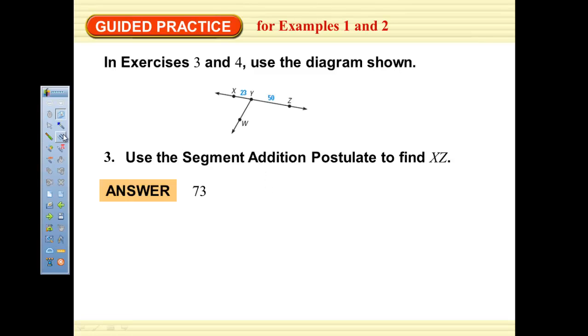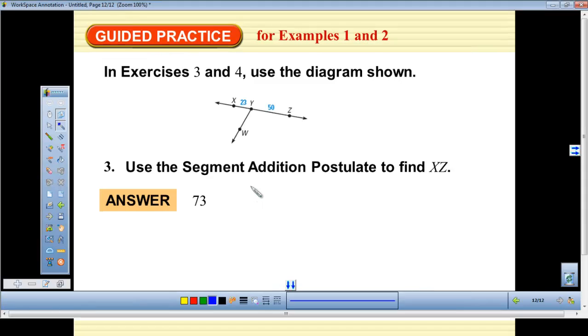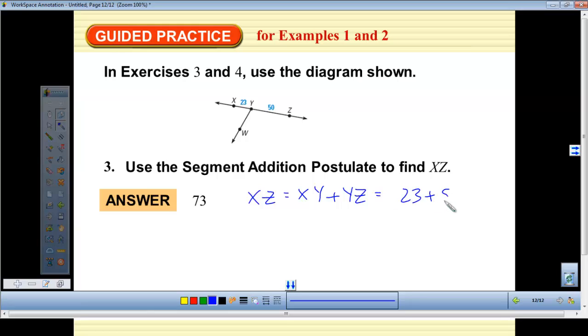Let me write that out real quick, just so that we know what's going on. We want to find XZ, so really that is XY plus YZ, and that is 23 plus 50, which gives us our 73.